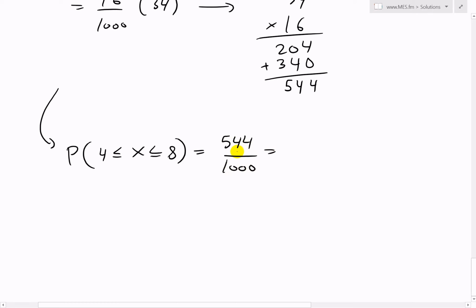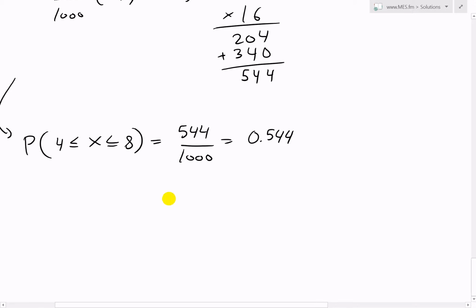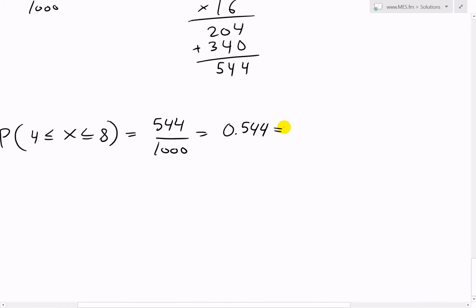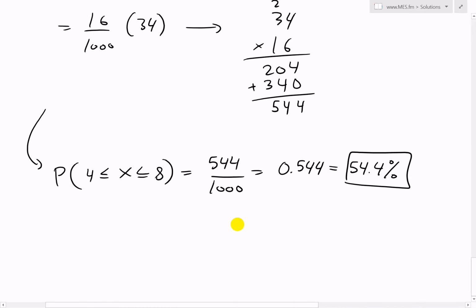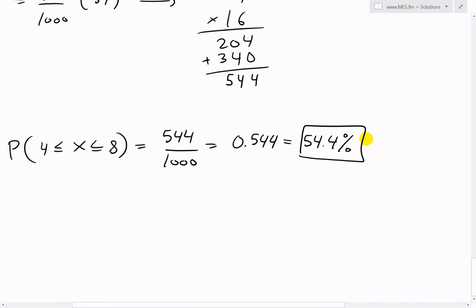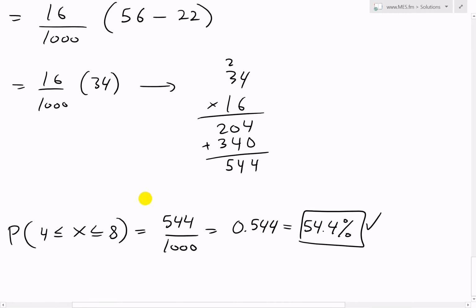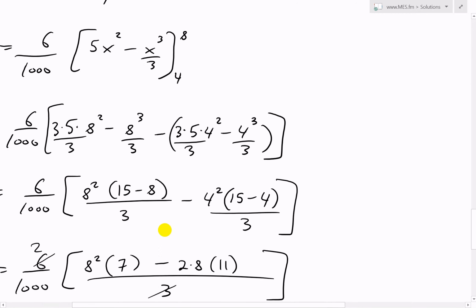Just divide this out or move the decimal place 3 spots with 3 zeros, so we get 0.544, which also equals, multiplying by 100 to get the percent, 54.4%. Yeah, so the probability that x is between 4 and 8 in that probability density function is 54.4%.